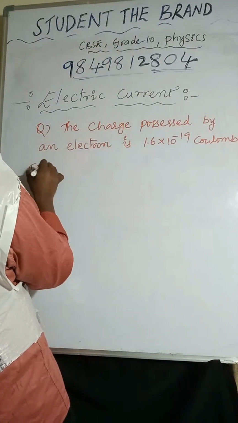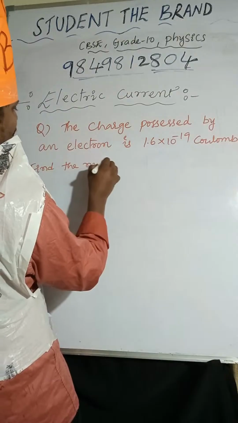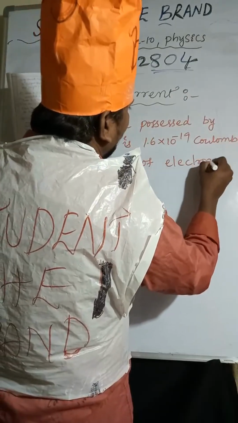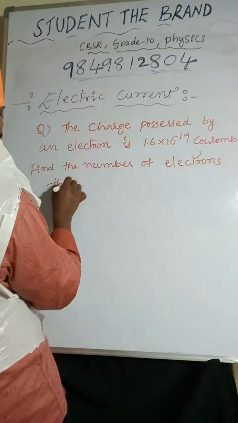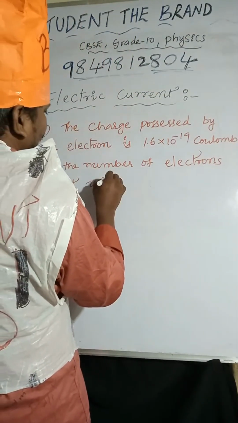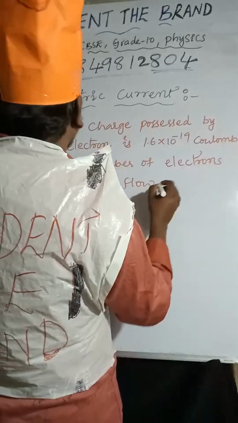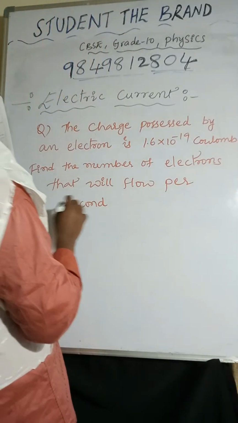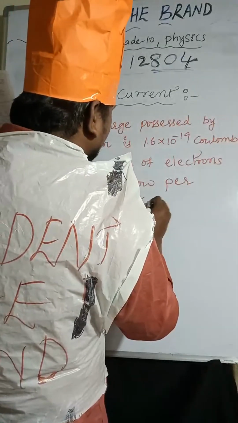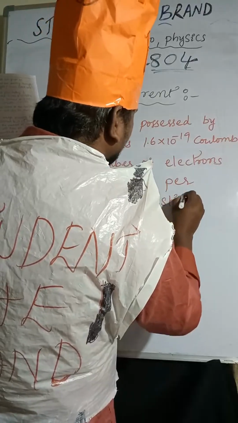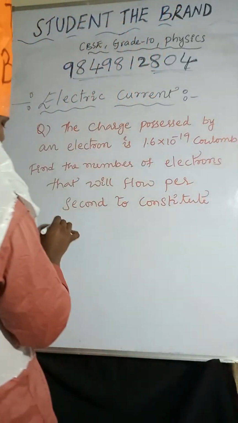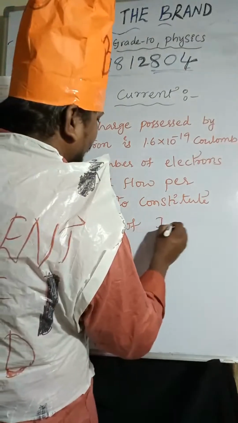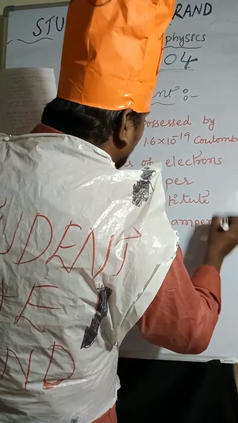Find the number of electrons that will flow per second to constitute a current of 1 ampere.